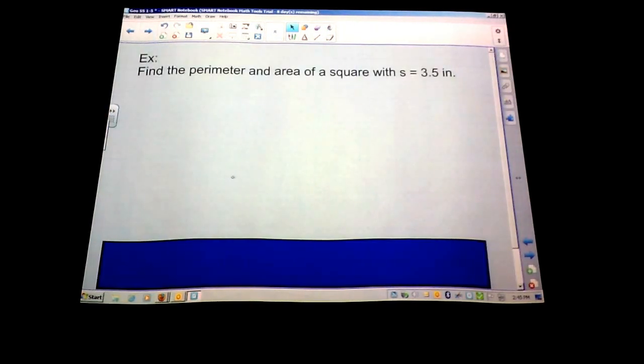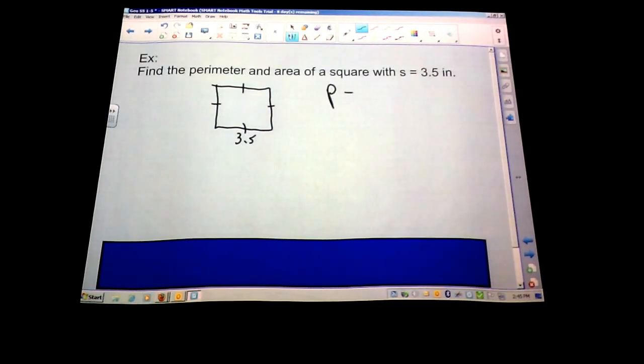All right, let's move on. Find the perimeter and area of a square with the side equal to 3.5 inches. So if we wanted to, we could draw a square picture and label a side length 3.5, which would tell me that each one of these side lengths was all 3.5.